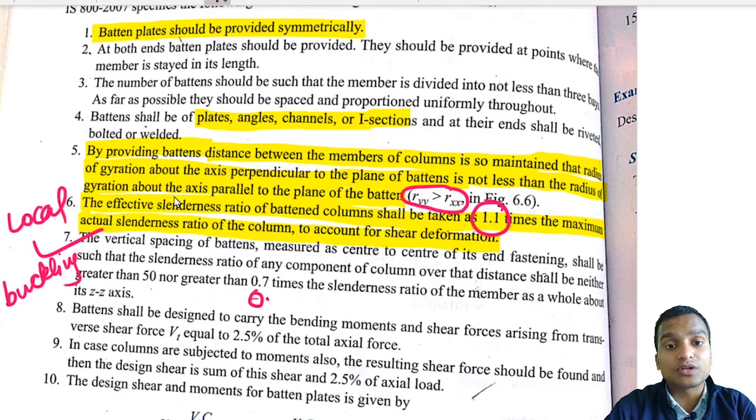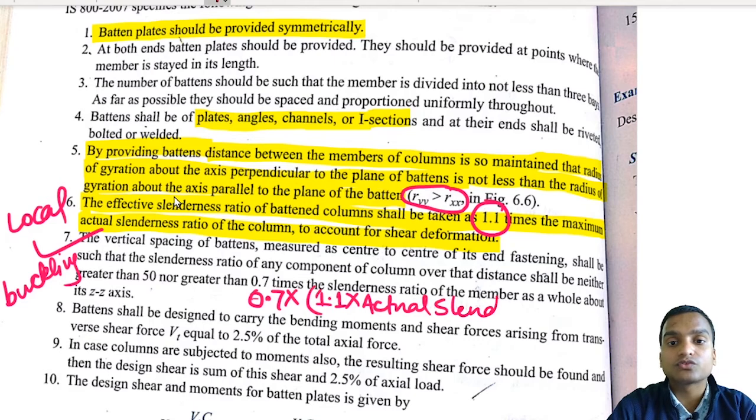So it should neither be greater than 0.7 times 1.1 into actual slenderness ratio. So these are the limits which you have to check in case of calculation.